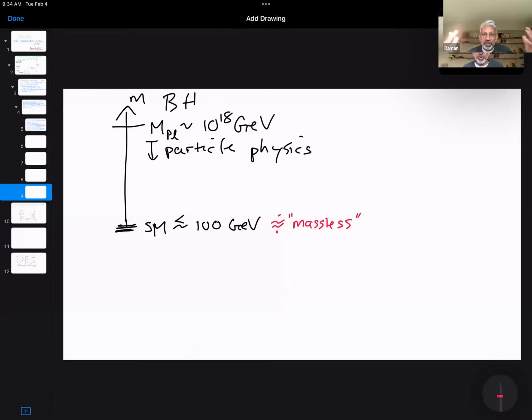And so one of the mysteries is simply why is the standard model so near zero on the scale of the natural range of particle physics? And the beauty of the standard model is that it reduces that mystery. It doesn't answer the mystery: why is the standard model so light compared to the natural scale of particle physics, the dividing line between particle physics and black hole physics or general relativity? But it at least reduces the mystery. And so that's what I wanted to go into next.